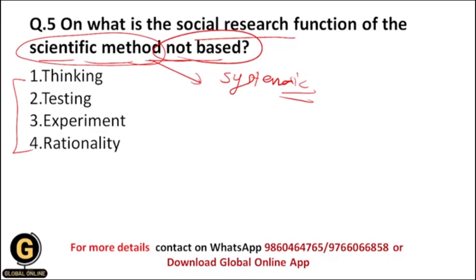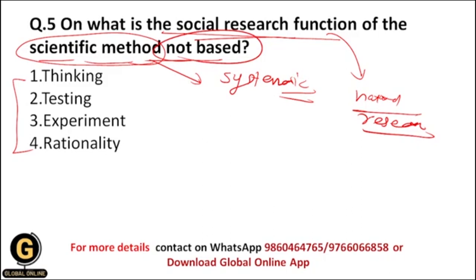Social research function is similar to the natural research function. Social research function means that here we are studying the society. We are studying the interaction of human behavior with the society. This is nothing but the social research function.